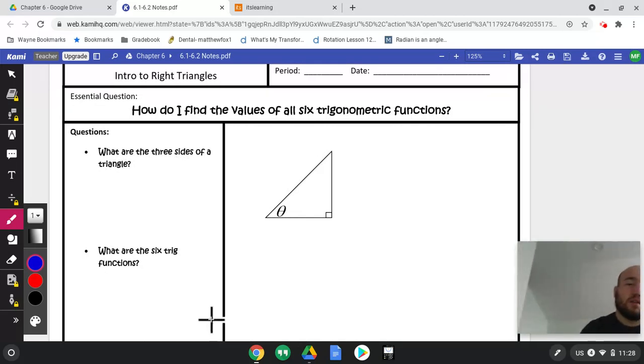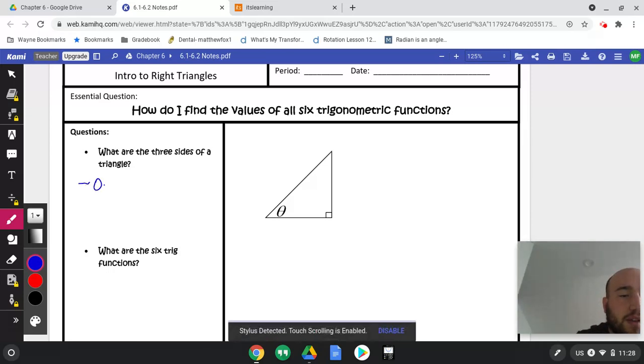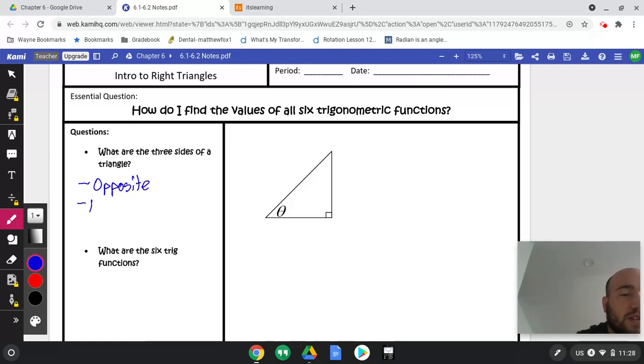Okay, so the 3 different parts of our triangle, we have the opposite side, the adjacent side, and then finally the hypotenuse. Now, when we're identifying them, if we look here at this triangle, we've got a right triangle. So anytime there's that square, that means 90 degrees, it's a right triangle. Here, this sign is theta.